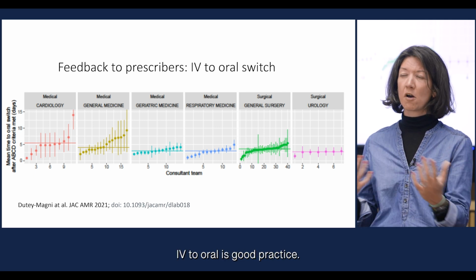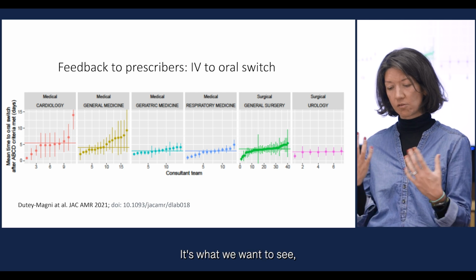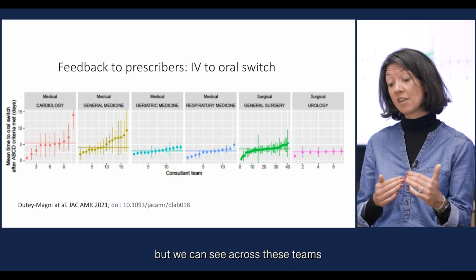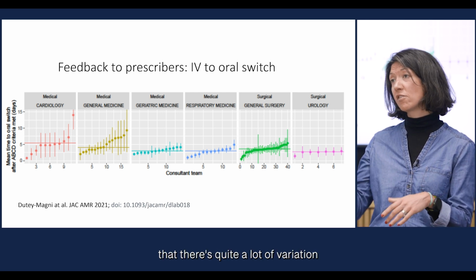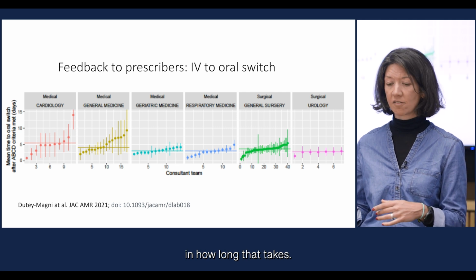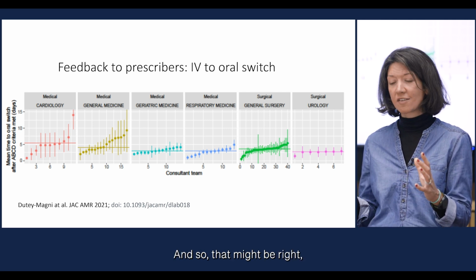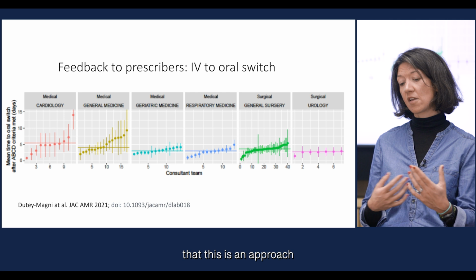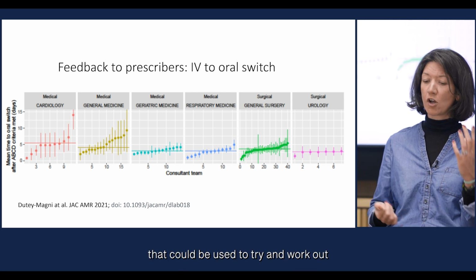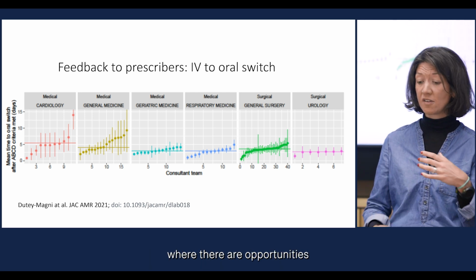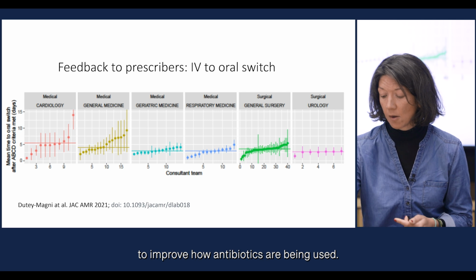Switching from IV to oral is good practice, it's what we want to see, but we can see across these teams that there's quite a lot of variation in how long that takes. That might be right, but it also suggests that this is an approach that could be used to work out where there are opportunities to improve how antibiotics are being used.